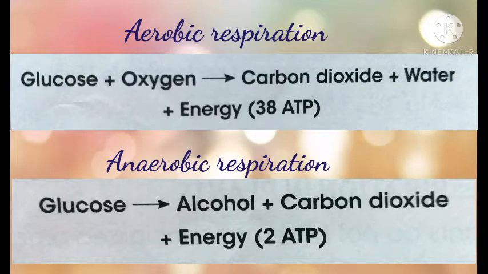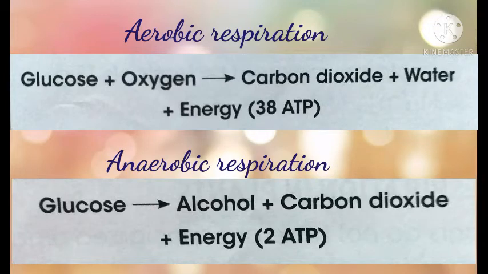This is the word equation of aerobic respiration. Glucose plus oxygen gives carbon dioxide plus water plus energy. So here you can see oxygen is there. So this is aerobic respiration, and energy is released, that is 38 ATP molecules are released. So here more energy molecules are released. This is the word equation of anaerobic respiration.